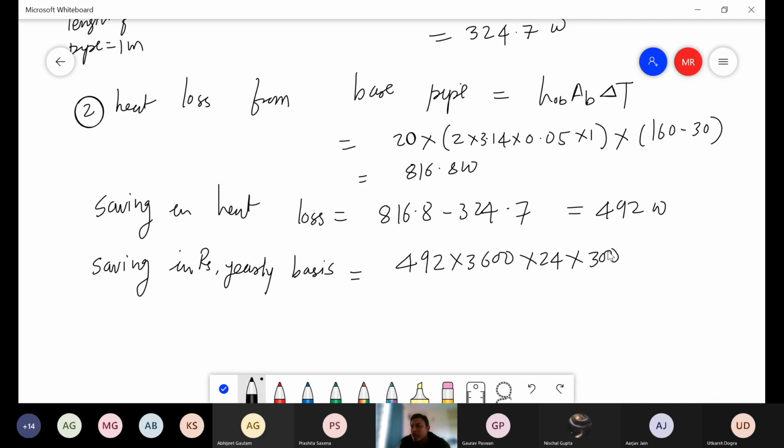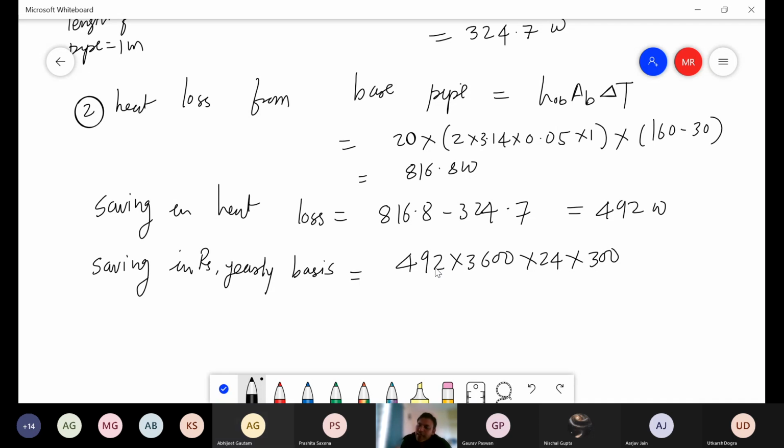So this much energy saving you will have over the year. Now the steam cost is already given. If I don't use the insulation, then this much energy is going to get wasted by the condensation of the steam. Do you agree?